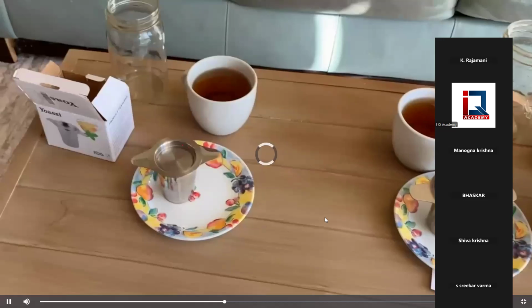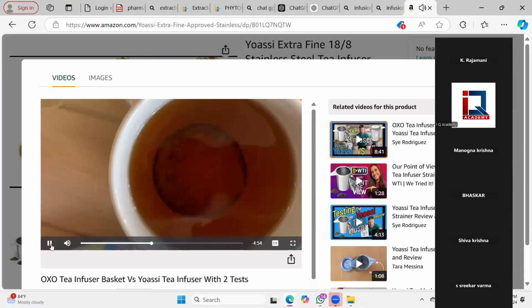So this is the infusion technique. I hope you understood. Very simple and very easy.